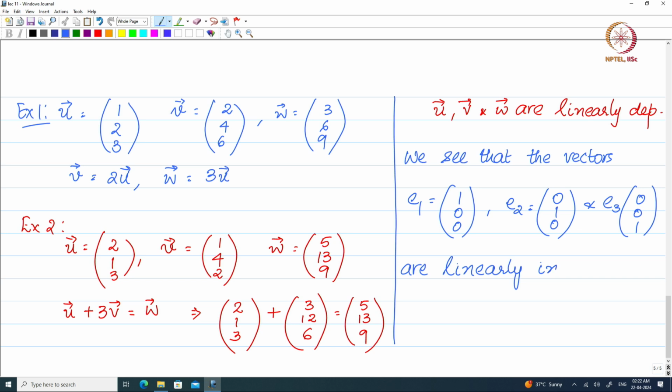We can very clearly see that none of them can be expressed as a multiple of the other or as a linear combination of the other two. So, linearly independent vectors.